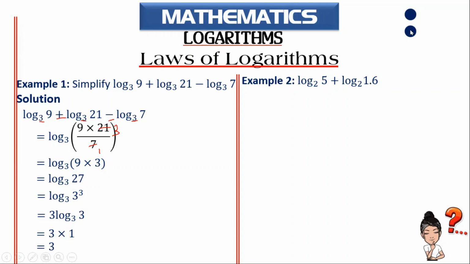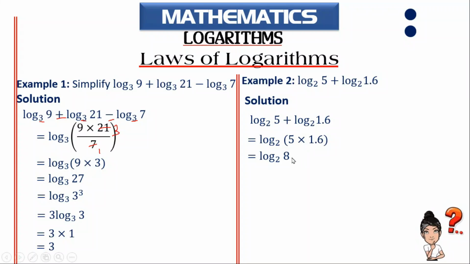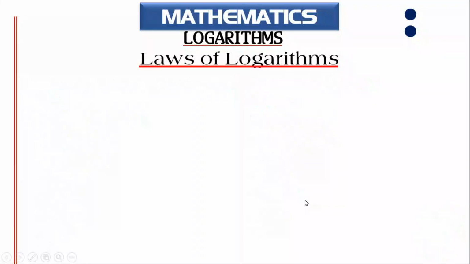So we have log to base 2 of 5 times 1.6, which will give us 8. You can still reduce this further: that's 3 times 1, which is going to give us 3.